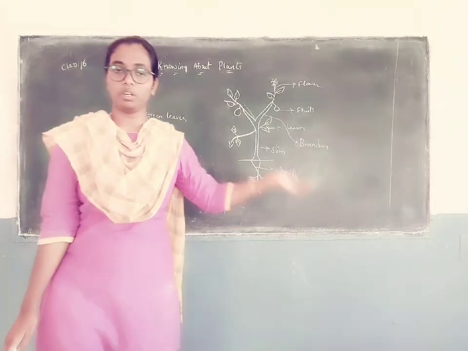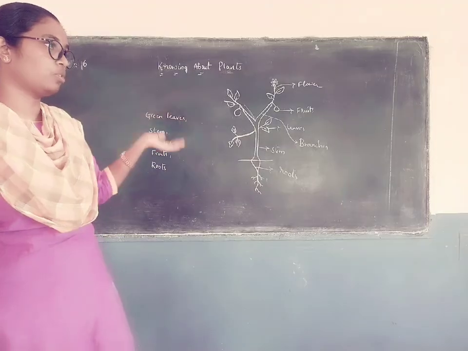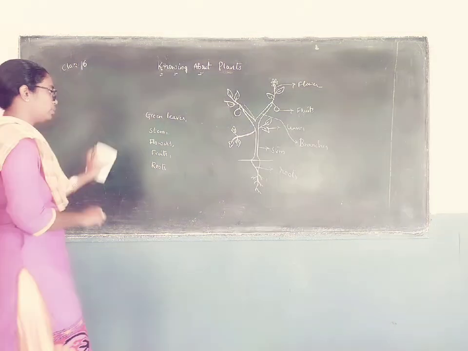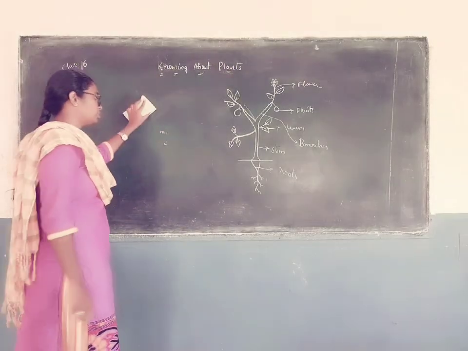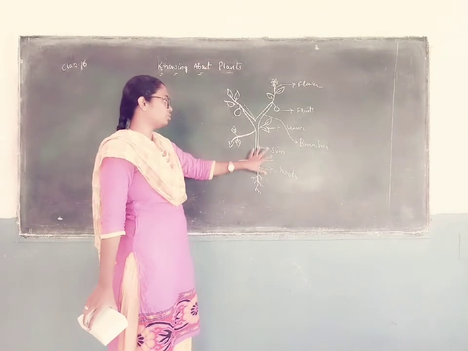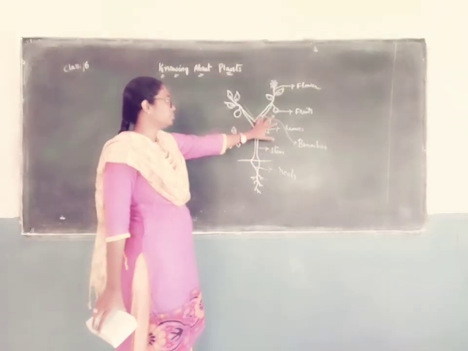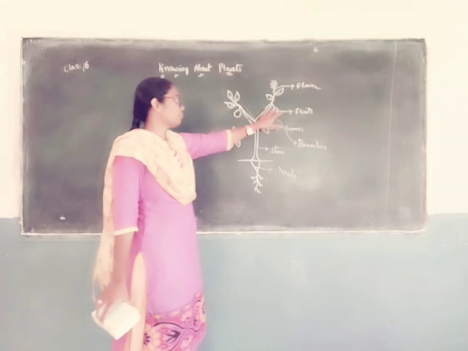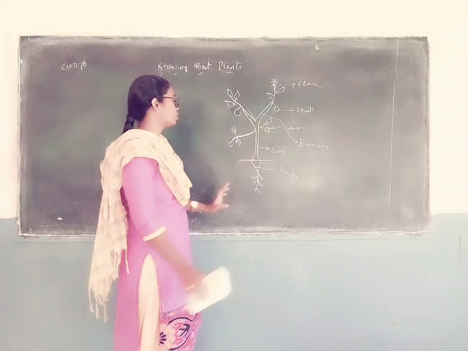Normally we know about the plant. If anyone asks us to draw the plant, we used to draw like this and we will label the parts. These are known as roots, this is stem, these are called branches, and fruits and flowers and leaves. Okay.